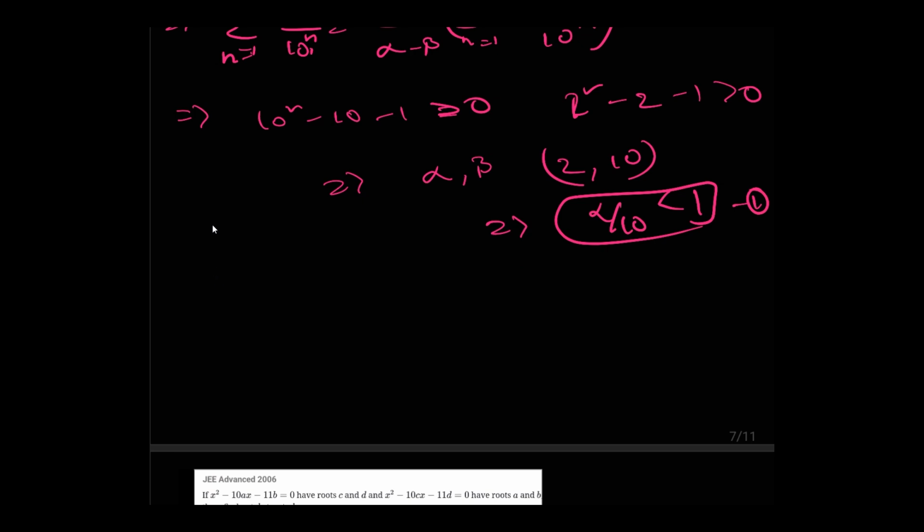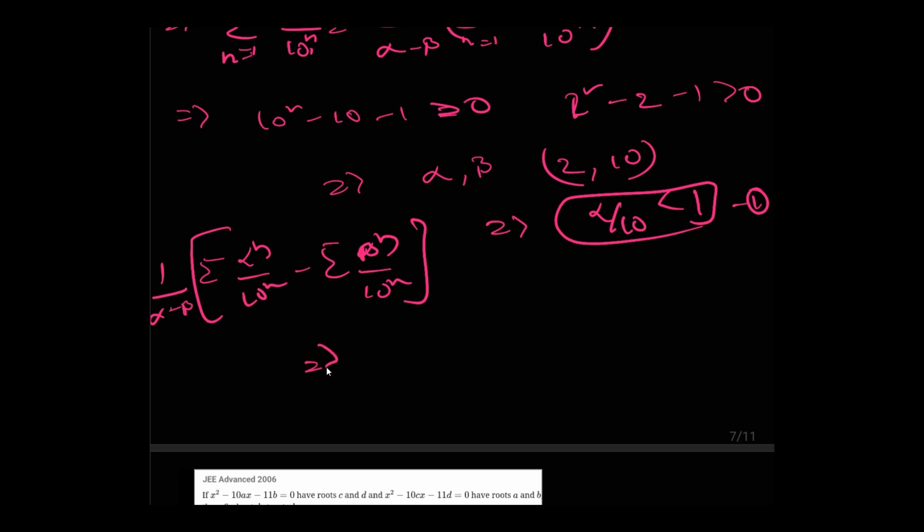Now here apply summation for individual terms: summation alpha power n by 10 power n minus summation beta power n by 10 power n, whole into 1 by (alpha minus beta).